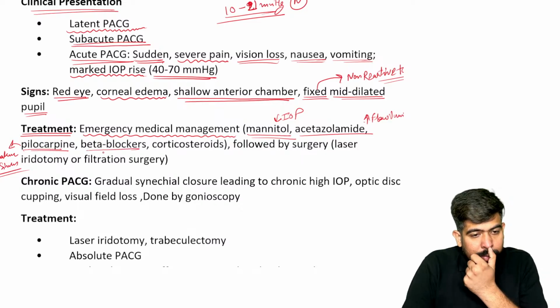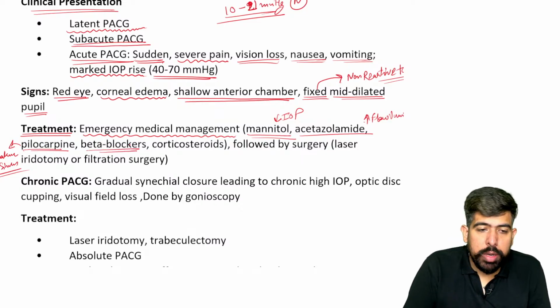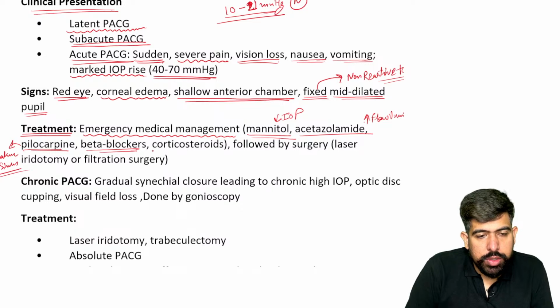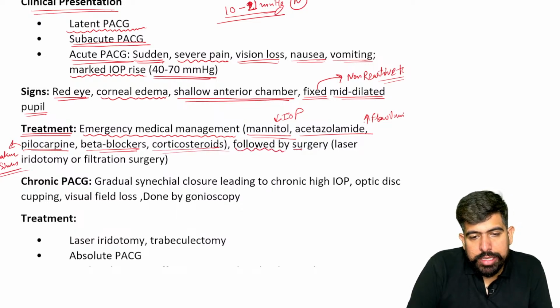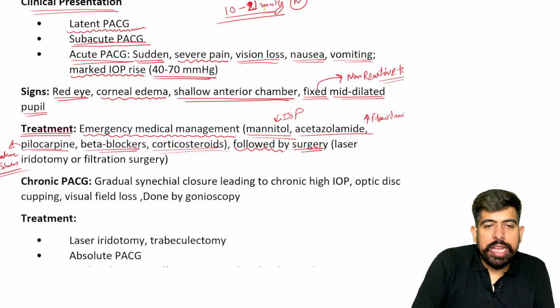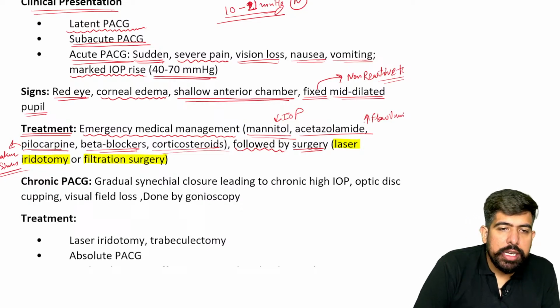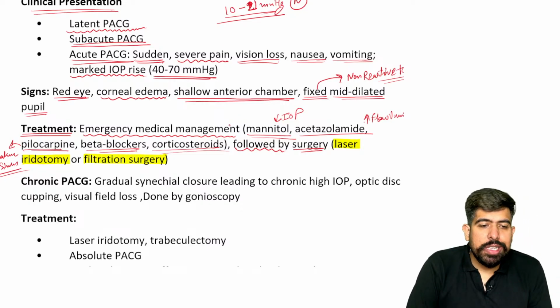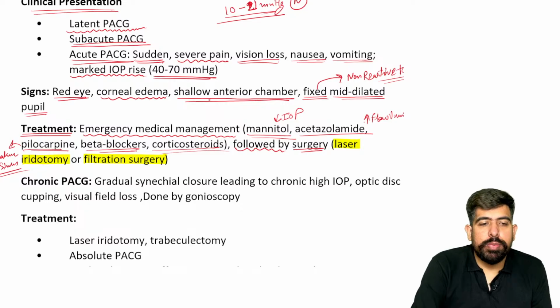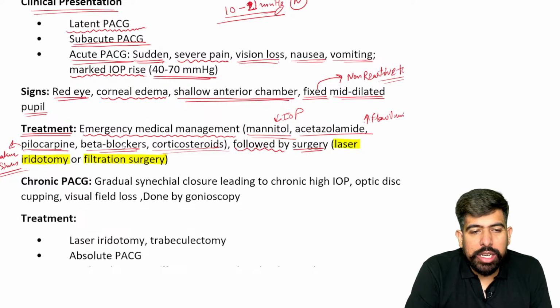And we can give beta blockers for decreasing the intraocular pressure. Also corticosteroids can be given, and it should be followed by surgery. What is the surgery? We have to do laser iridotomy or filtration surgery. Okay, so this is about acute primary angle closure glaucoma.